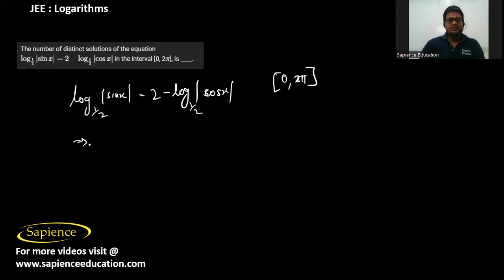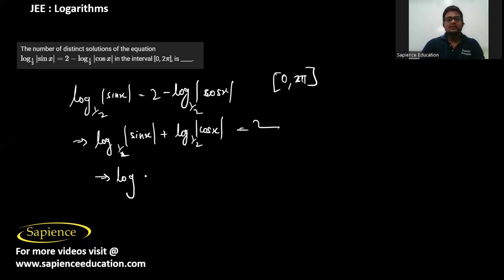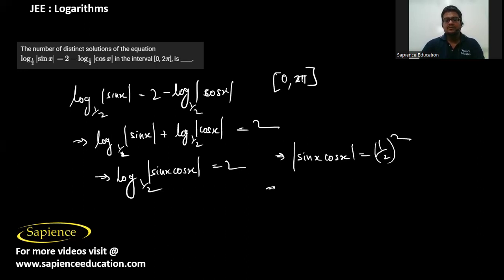So you can write log mod sin x plus log mod cos x base half is equal to 2. So therefore log of mod of sin x into cos x base half is equal to 2. So mod of sin x into cos x will be equal to half power 2, that is equal to 1 by 4.